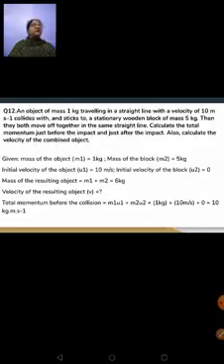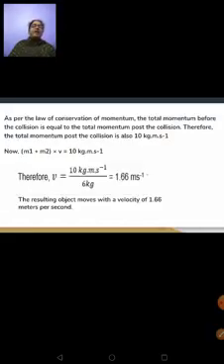But here, the velocity of the first object and the second object after collision will be the same, which is taken by us as v. As per the law of conservation of momentum, total momentum before collision is equal to total momentum post collision, that is after collision. Therefore the total momentum post the collision is also equal to 10 kilogram meter per second.